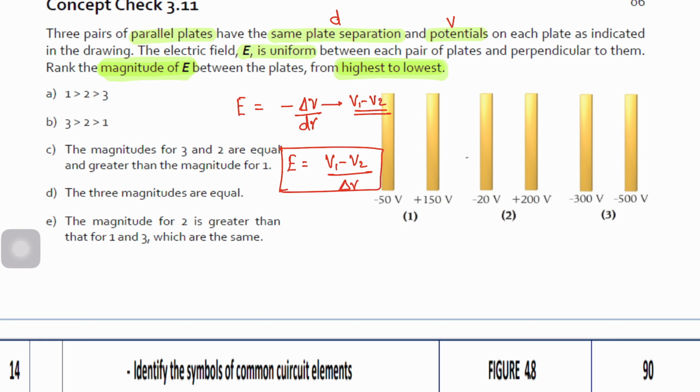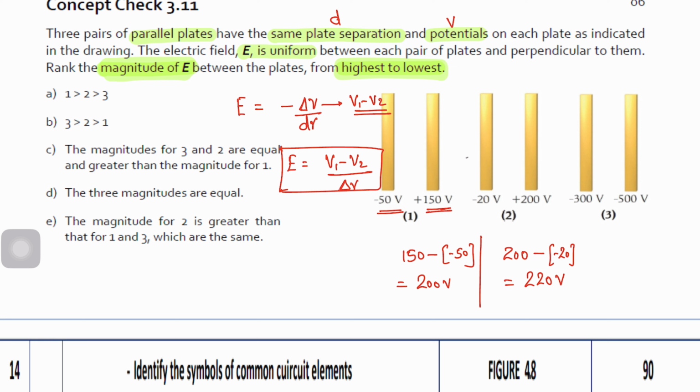So R is the same. So you just take the higher and the lower values and solve it. So 150 minus negative of 50. So your value is 200 volt. Okay. Take the second one. 200 minus 20, which is equal to 220 volt.